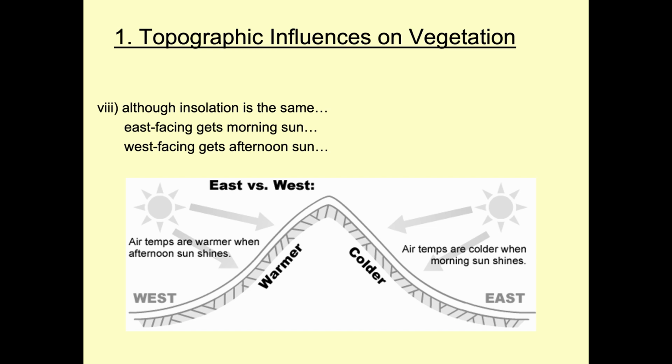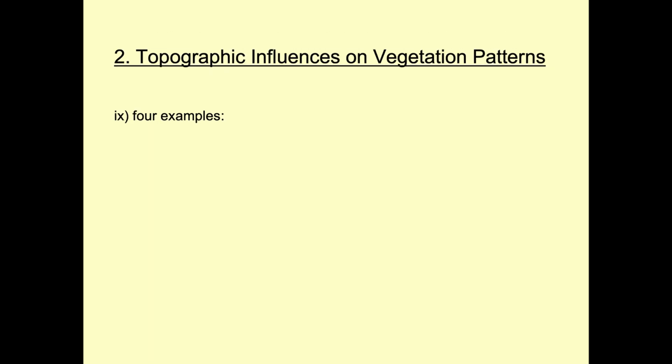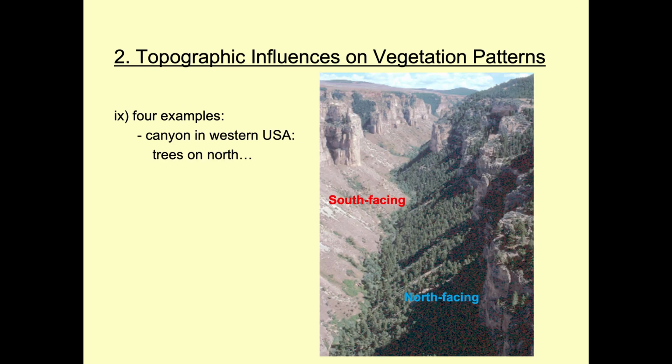So now I want to move into these four examples of topographic influences. Starting with this canyon in the western United States of America, you can see that the trees are actually on the northern aspect.